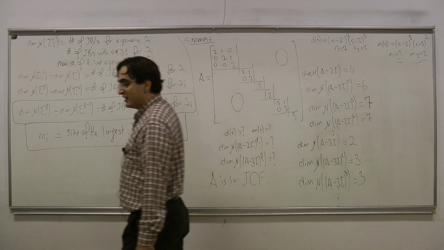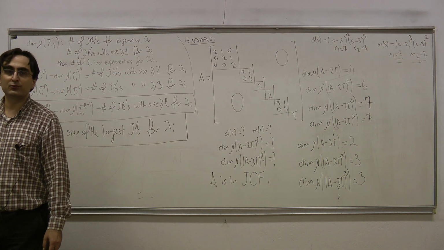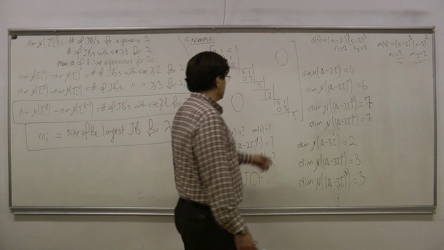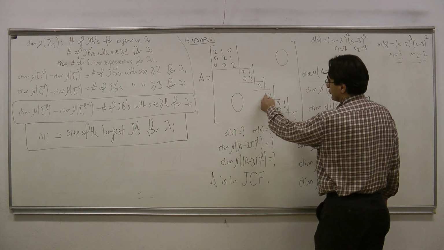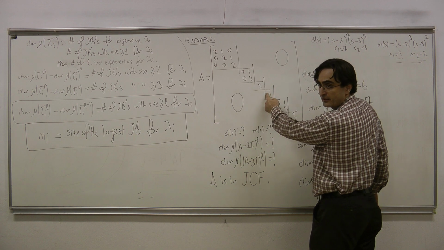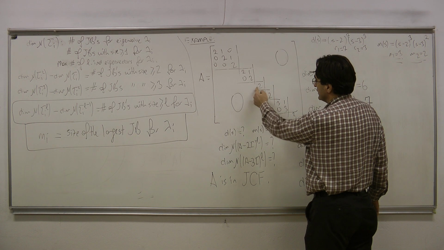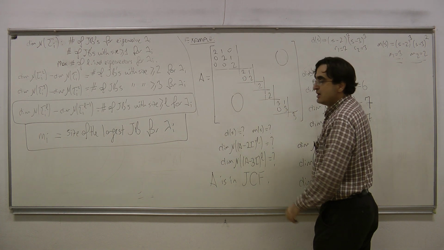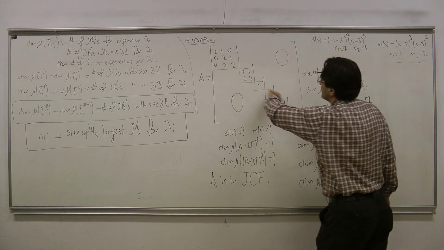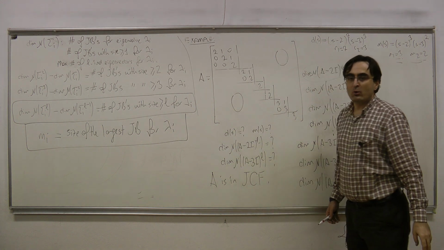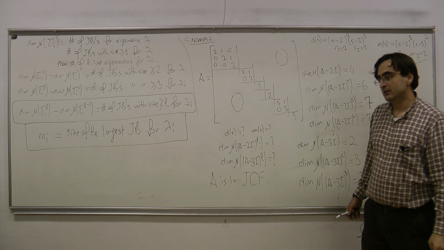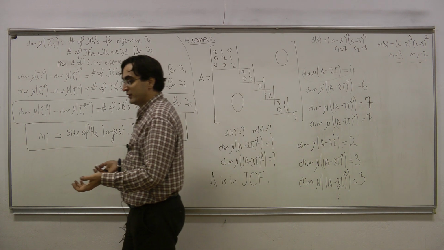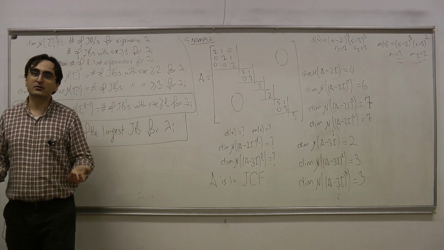In that case, what is necessary for the Jordan canonical form to be diagonal? The Jordan canonical form should be composed of blocks like this, 1 by 1 Jordan blocks. Okay? If all of the Jordan blocks have size 1 by 1, then the Jordan canonical form of the matrix will be a diagonal matrix. Okay?